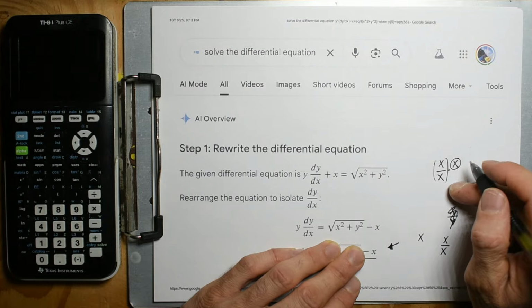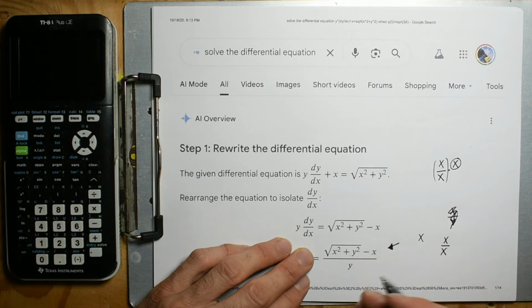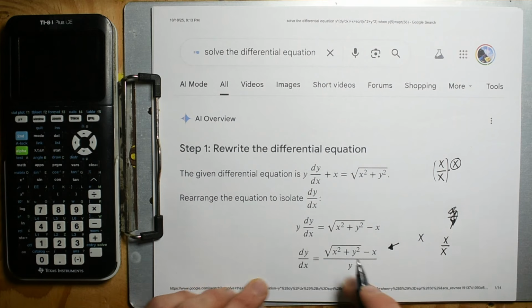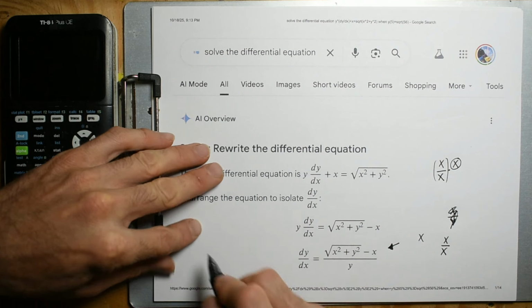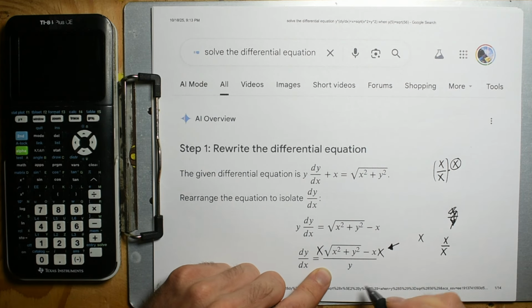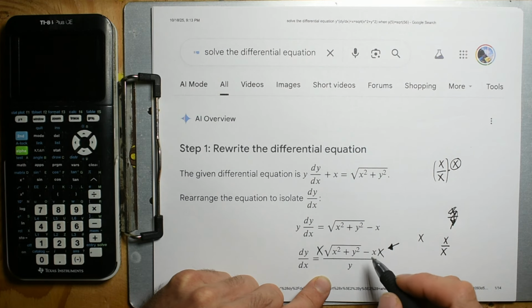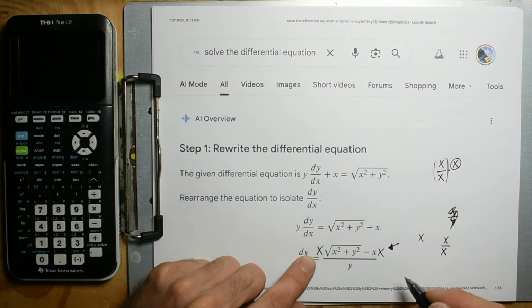And so what this is going to do is they're going to multiply everything by x.